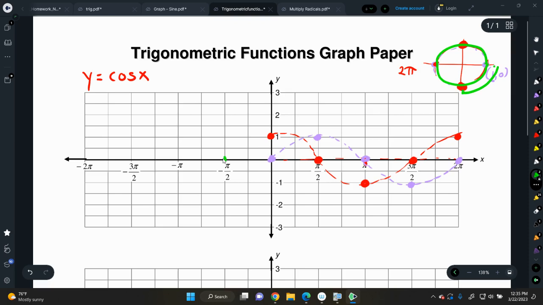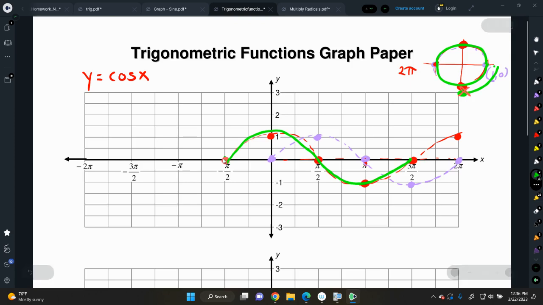If I go negative pi over 2, what's the cosine at that point? It's 0. Cosine of negative pi over 2, right here, is 0. So look at that curve. What do you notice? Look at that curve here. Doesn't that look like a sine curve? The cosine curve is the same as the sine curve, but it is shifted over pi over 2 units.